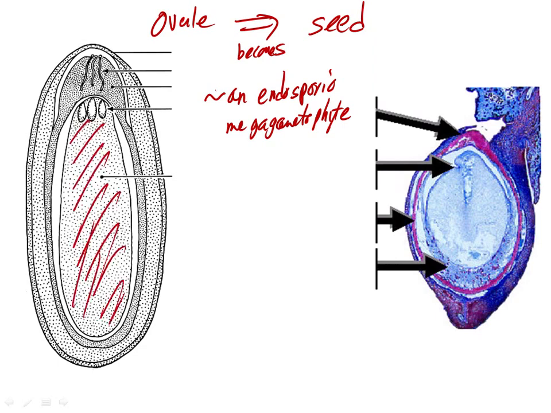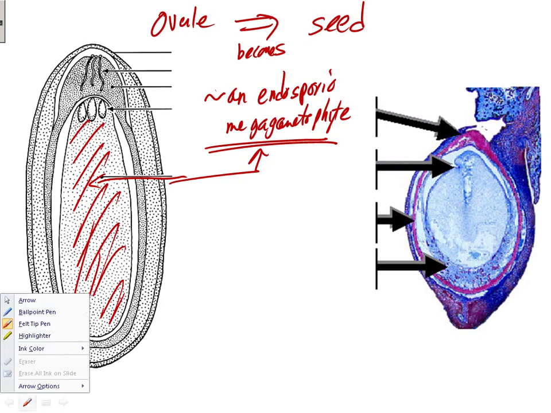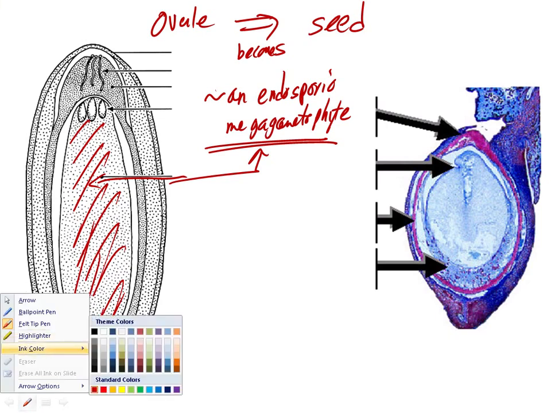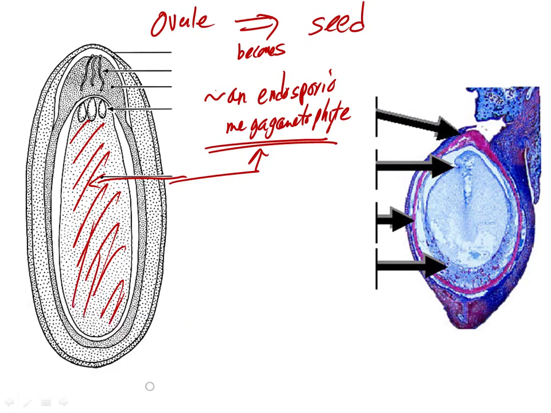Here is, that is the endosporic megagametophyte in red. And around that, we'll label two things. I've forgotten what colors I used for these. Here we have the megasporangium.